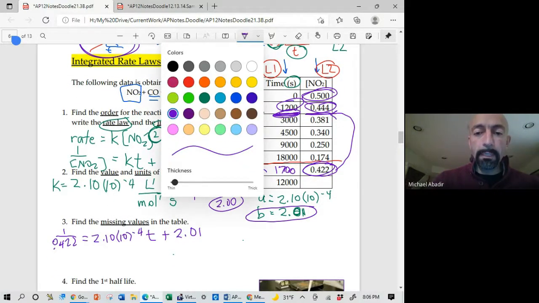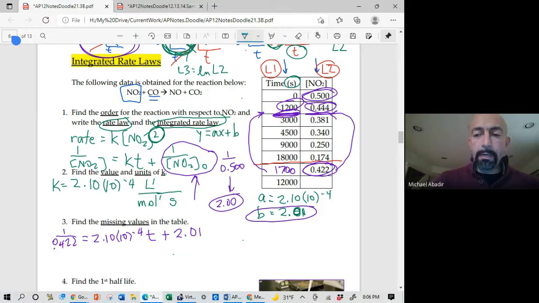Switch colors here again. So let's say we're trying to get the concentration at 12,000 seconds. So now we're looking for the concentration of NO2. And then we still put in our slope 2.10 × 10^-4. The time we know is 12,000 seconds.